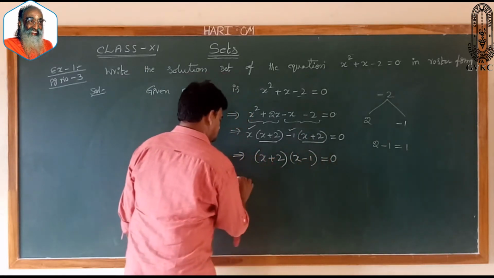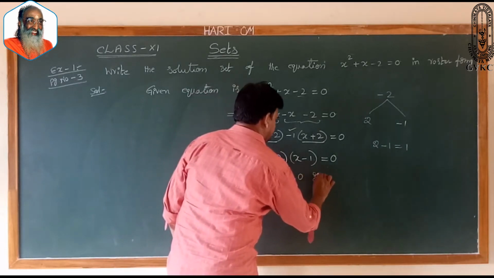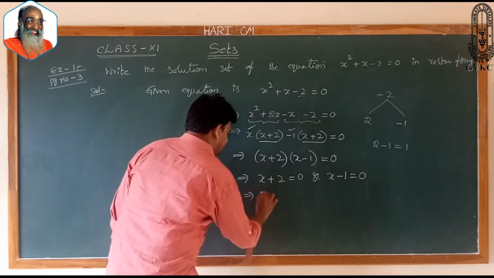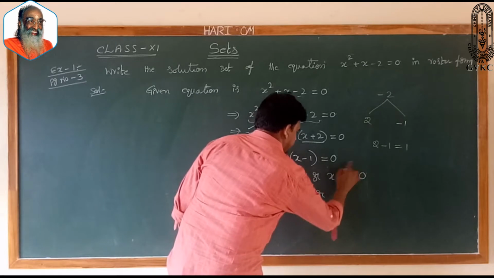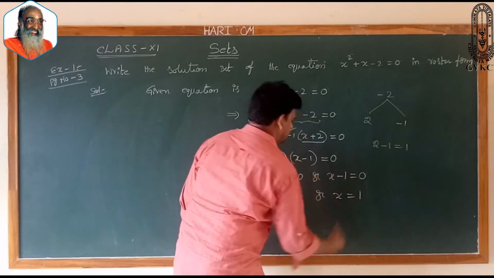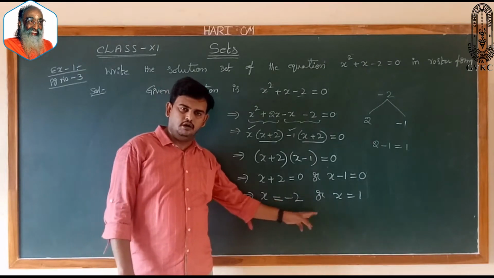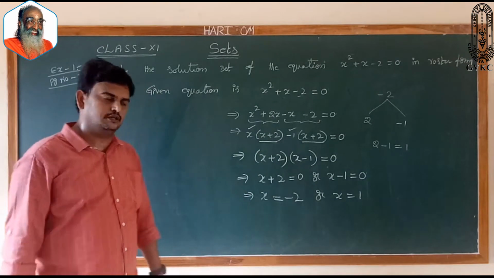So (x plus 2)(x minus 1) is equal to 0. That implies x plus 2 is equal to 0 or x minus 1 is equal to 0. X plus 2 goes that side, minus 2; minus 1 goes that side, plus 1. Now we got the value of x: minus 2 or 1, which means these are the solutions of the given equation.